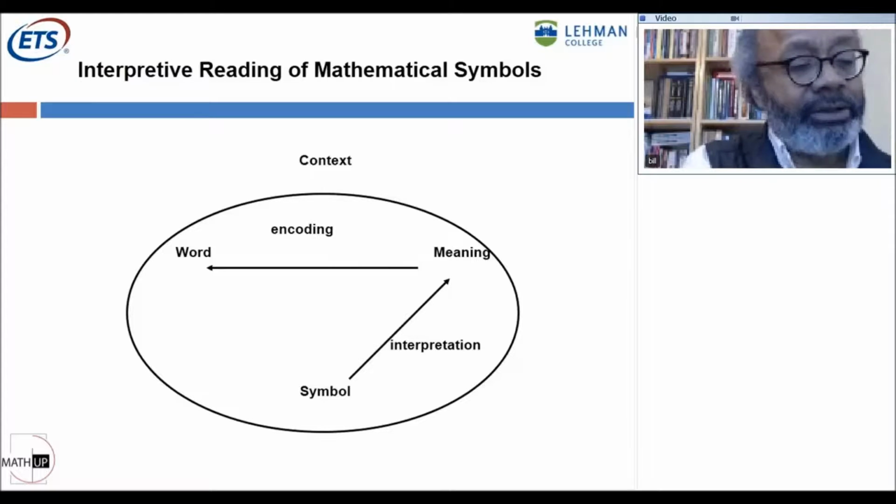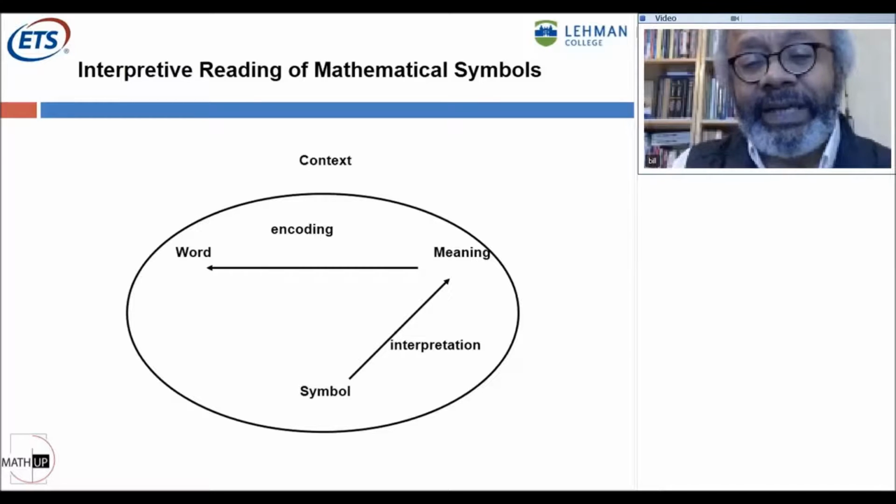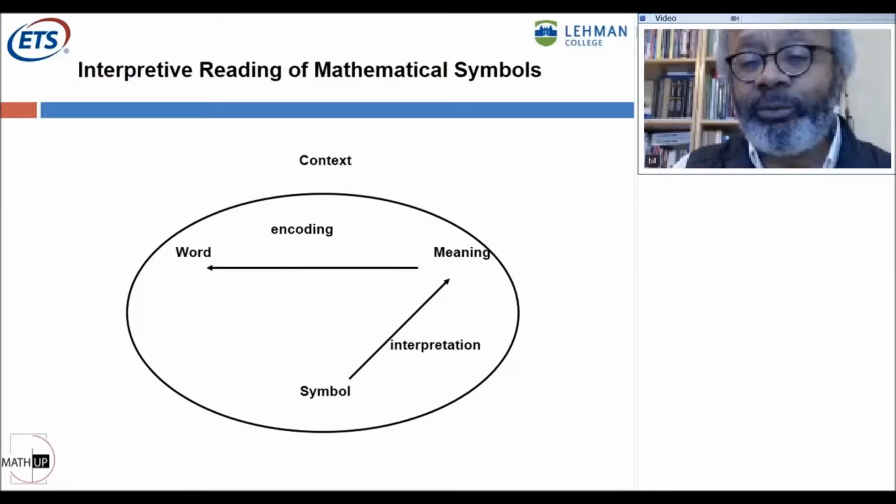In reading mathematics, in a sense, we are performing a process which is in many ways the opposite of when we're reading a simple text, at least with respect to how symbols are related to words and their meaning.